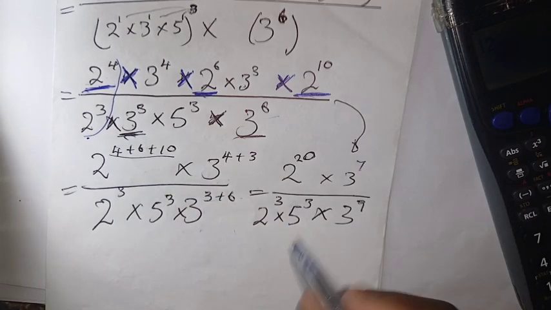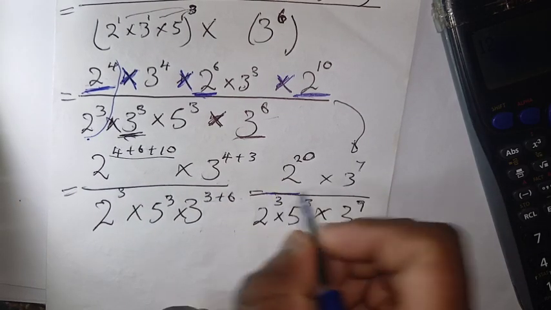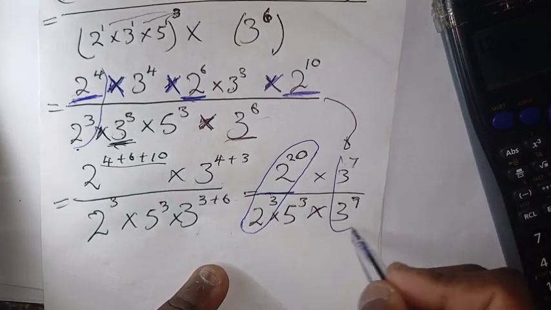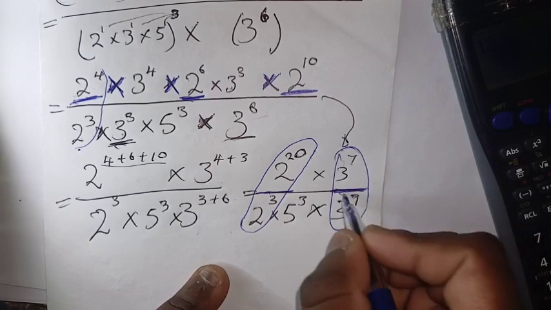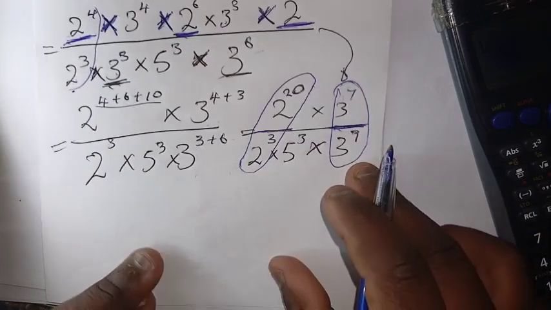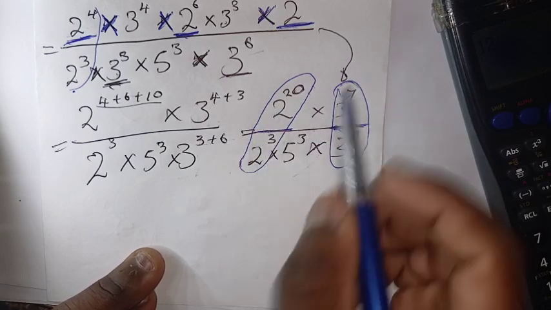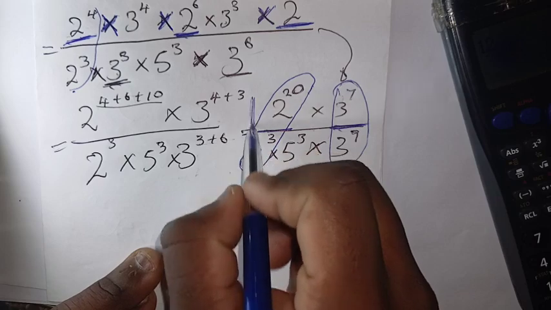Now when I divide the same base, I separate the exponents. I'll just take this out from this fraction, and please take note, here we have an invisible 1.